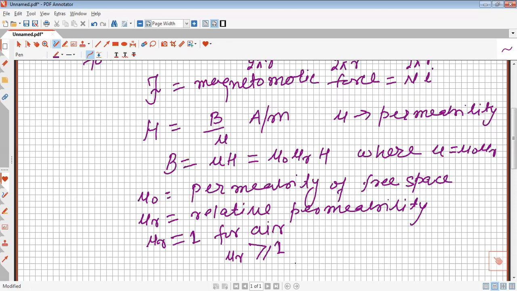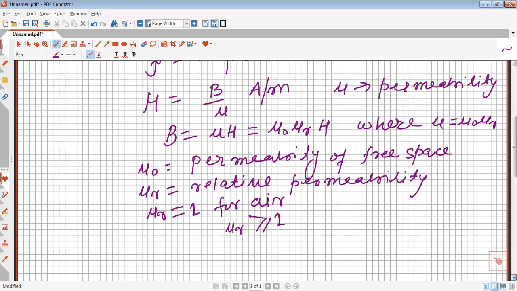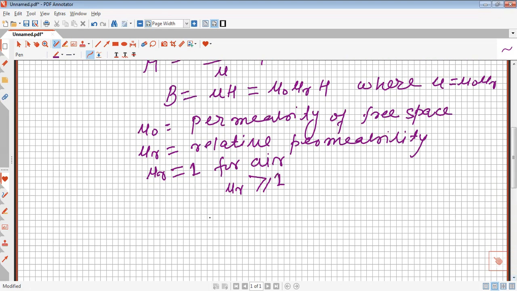A material with a very big mu r is called a very good magnetic material. So to decide whether a material is a very good magnetic material, its mu r must be very big, so we have to choose a material whose relative permeability is very high.